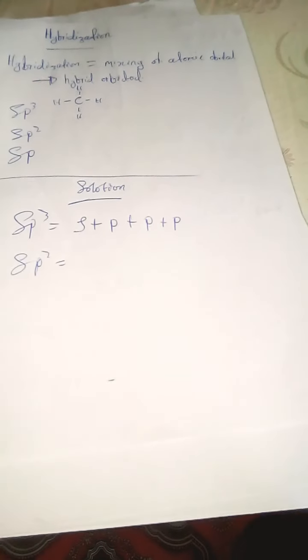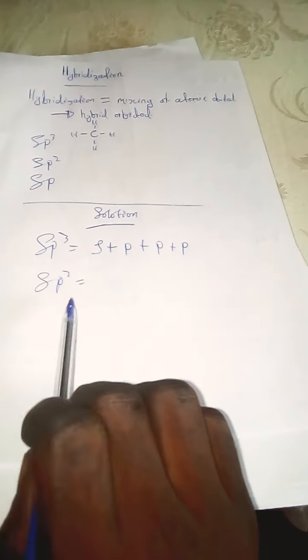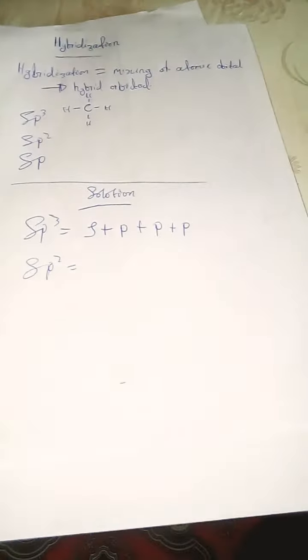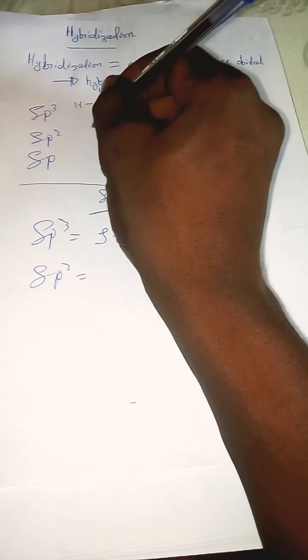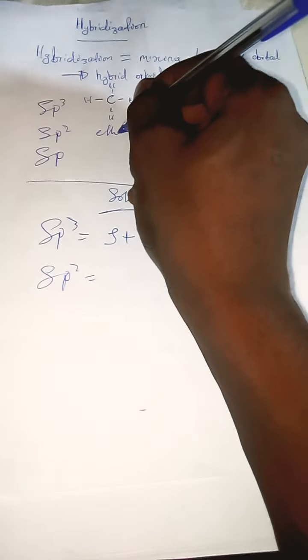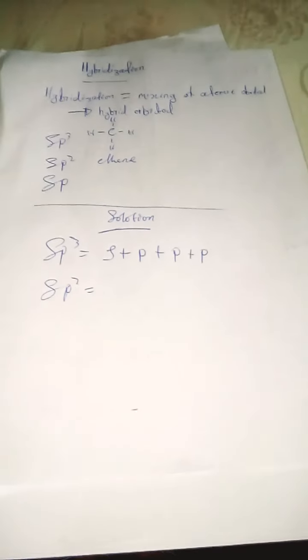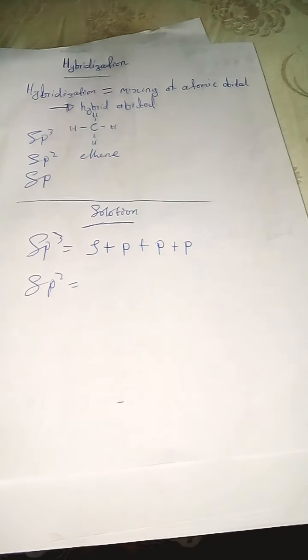Hope you understand. Now we'll come to sp2 hybridization, which should be simpler now. This occurs in unsaturated hydrocarbons, like the alkene. An example of the alkene could be let's say C2H4.